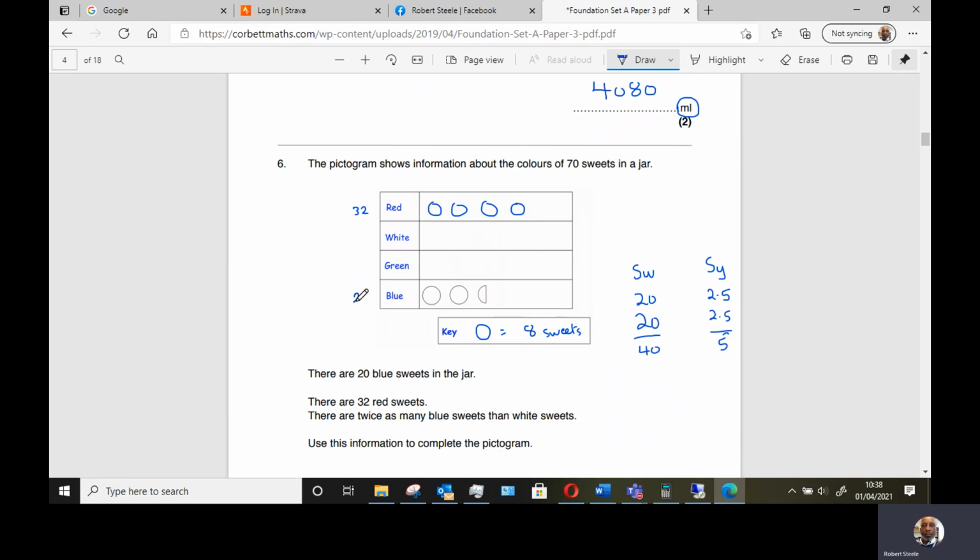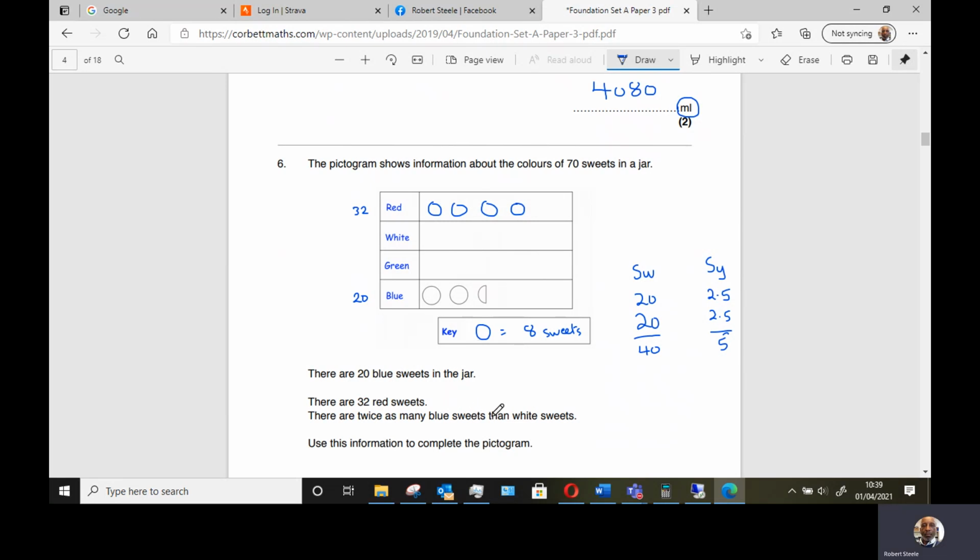Remember that's 20. So these two, red and blue, between them add up to 52. So there's 18 left. And of the 18 left, let's have a look.